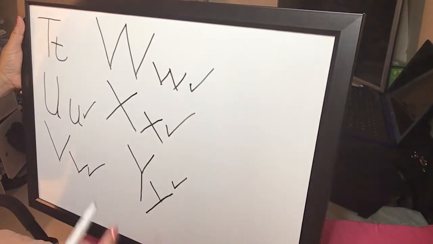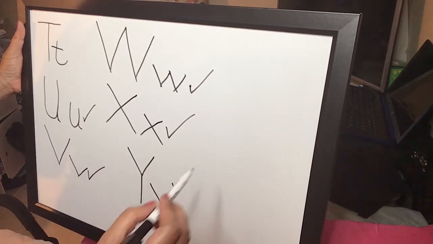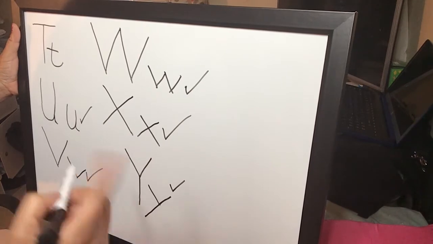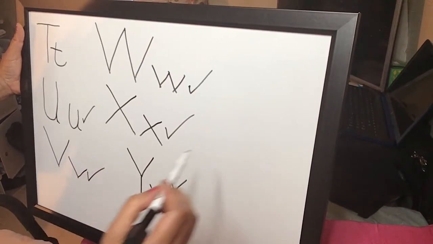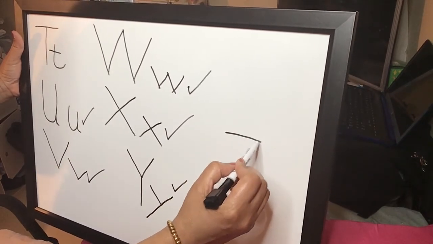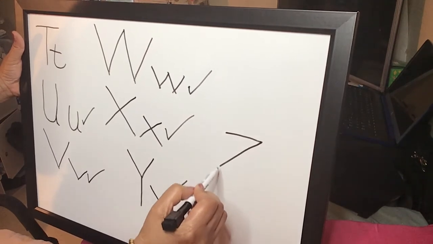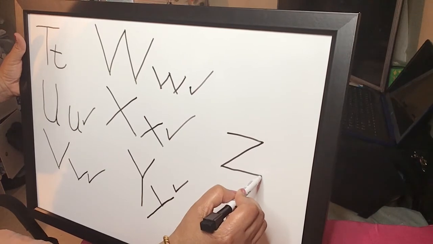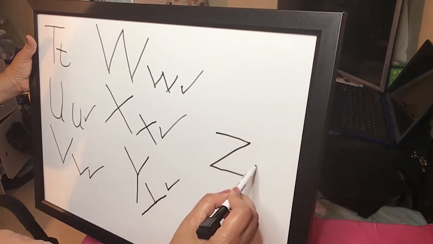And then the last letter in the alphabet is the letter Z, or some people might call it Zed, depending on which country in the world you're from. Z. That way, long stick. This way, long stick. And you go that way. And for the little Z, it's the same thing.